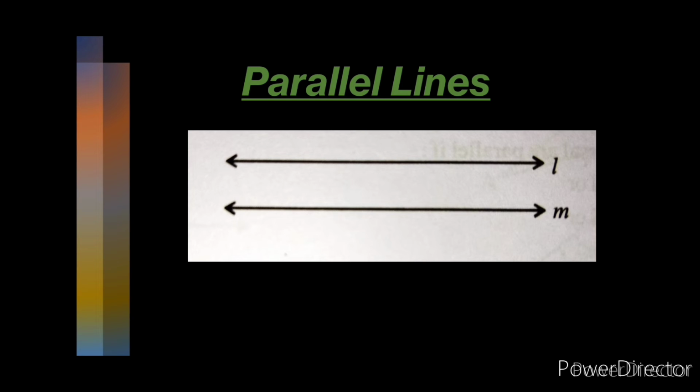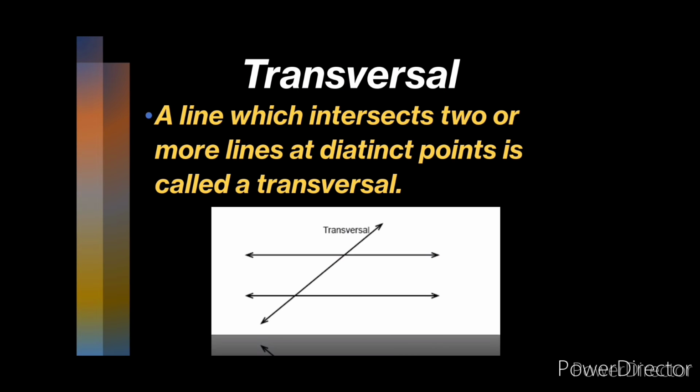Okay, let's move to our next topic, that is transversal. Now what is a transversal? When a line intersects two parallel lines, that line is known as a transversal. Now let's go through the definition: a line which intersects two or more lines at distinct points is called a transversal.